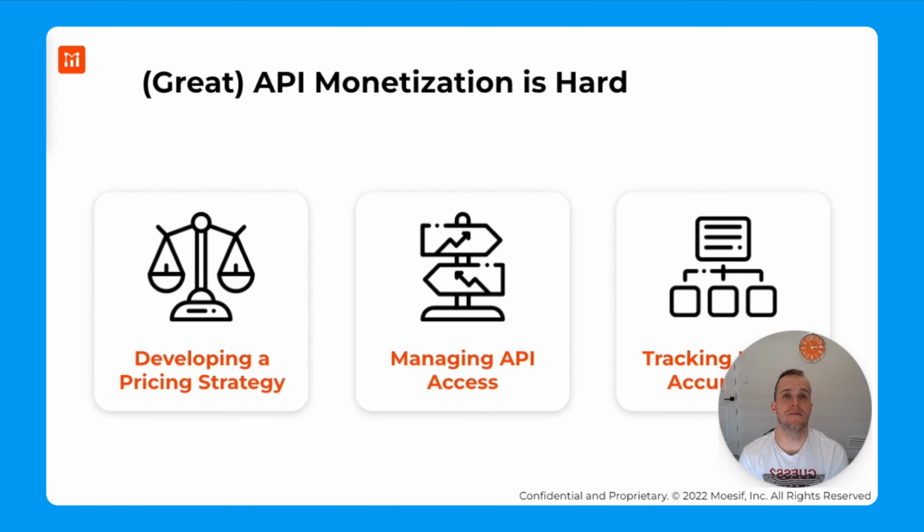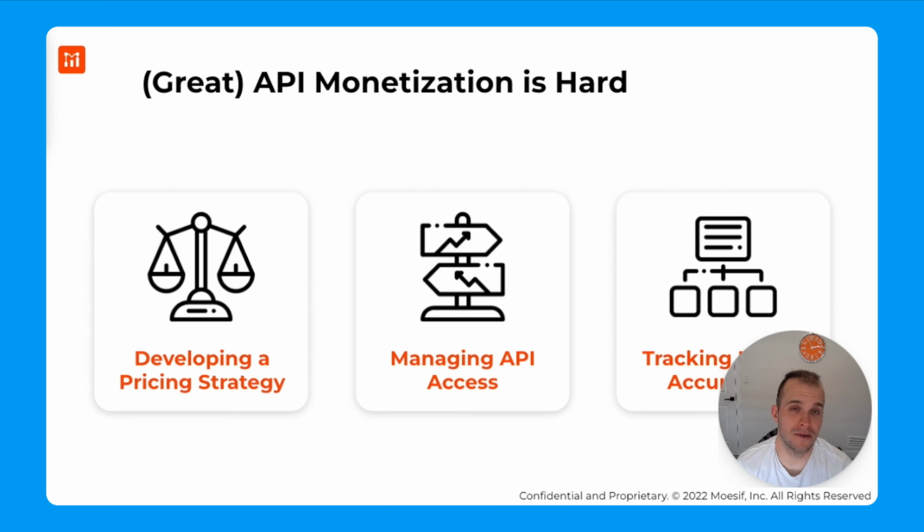Now, the first thing to remember is that great API monetization is hard to do. There are three pillars that we need to look at when we're looking at monetization, and those are developing a pricing strategy, managing API access, and tracking usage accurately.